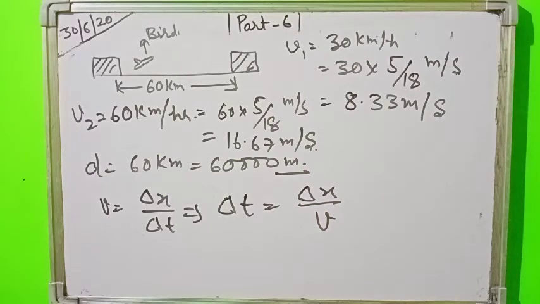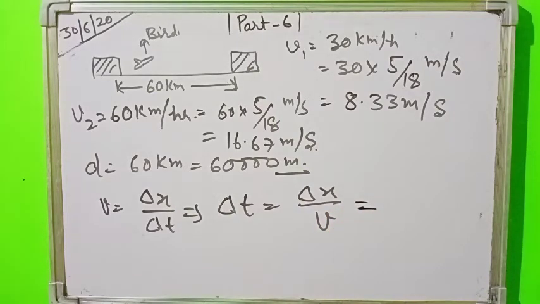By reading the question carefully, you realize that you have two unknowns that need to be solved, that is time and the second one is displacement. So first of all we are calculating the time of collision of the trains.